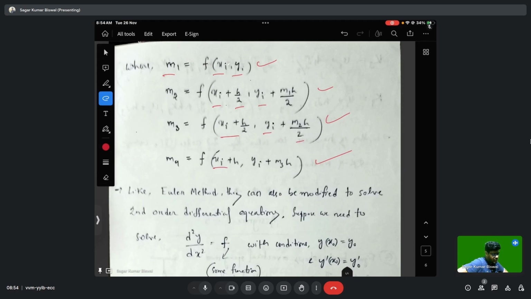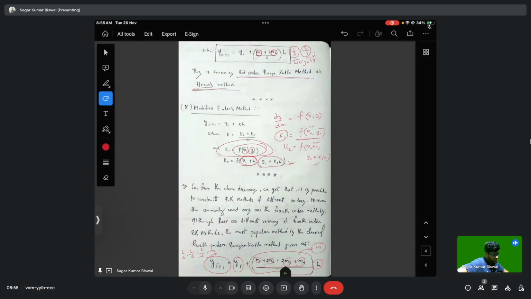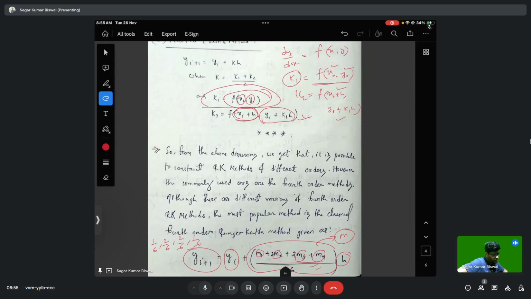Then the last slope will be at the last point of the interval. m4 will be f of xi plus h comma yi plus m3h. Right? That is how you need to find all these slopes and put the formula inside this m1, m2, m3, m4 and find yi plus 1 recursively.